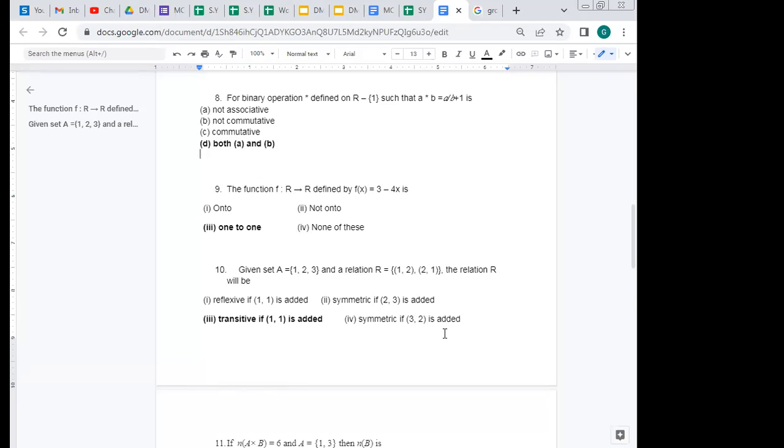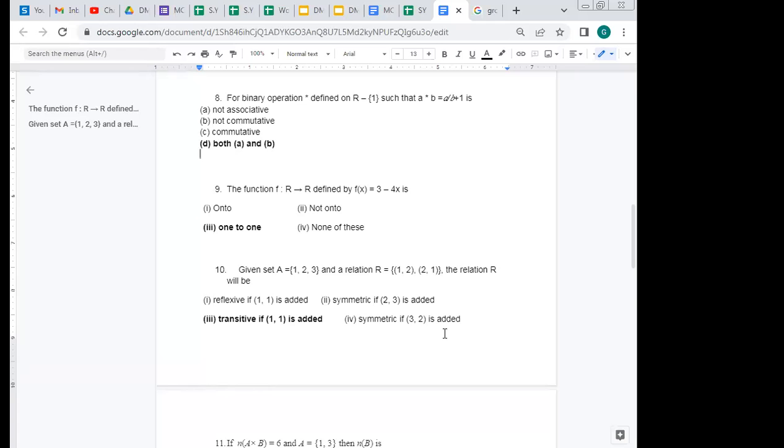Getting? Then the next question is, given set A equal to 1, 2, 3 and the relation R is (1, 2), (2, 1), then the relation R will be reflexive if (1, 1) is added, symmetric if (2, 3) is added, transitive if (1, 1) is added, and symmetric if (3, 2) is added. What is the correct one?